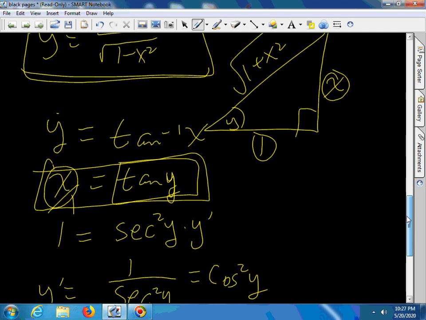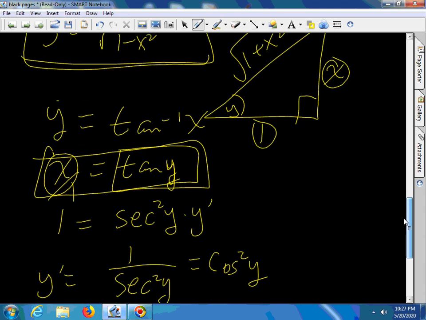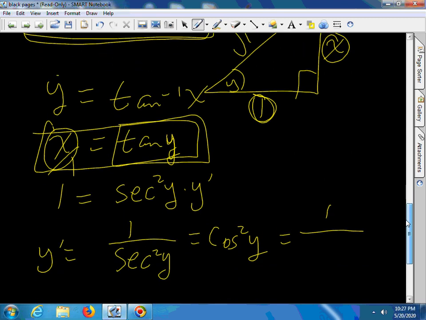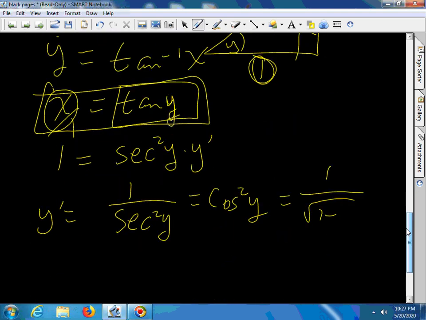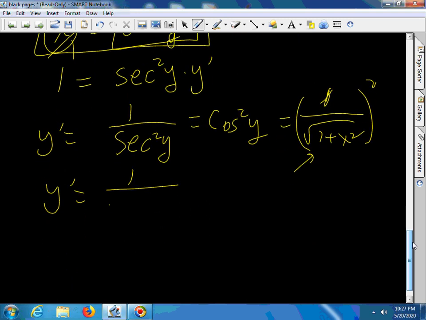Now, we want the cosine. Well, the cosine of y is 1 divided by the square root of 1 plus x squared. This is the cosine of y, but we want to square it. So y prime is equal to 1 squared, which is 1, divided by the square root of 1 plus x squared, squared, which is 1 plus x squared.